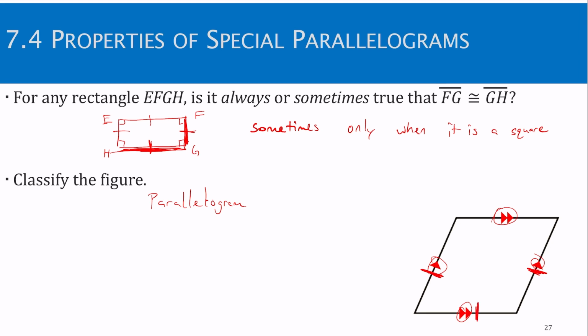The bottom has 1 mark, so the top has 1 mark. Oh, notice all the sides have 1 mark. That means all the sides are congruent, which makes it a rhombus. The angles are not 90 degrees, so the best answer, the most specific answer, is rhombus.